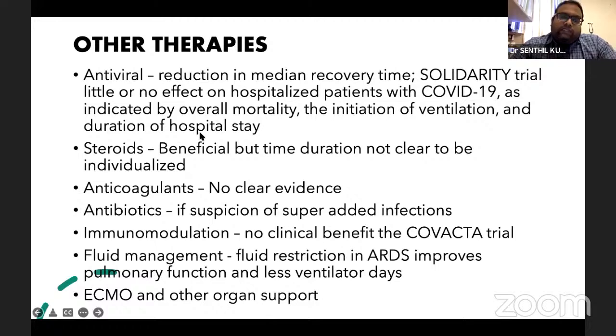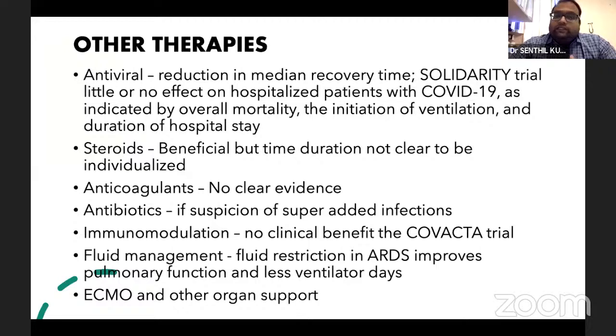The other question is which steroid to start, whether dexamethasone, hydrocortisone or methylprednisolone. There is no clear evidence of benefit of one steroid over another, but steroids are beneficial. That is what the final outcome of all the evidence shows.